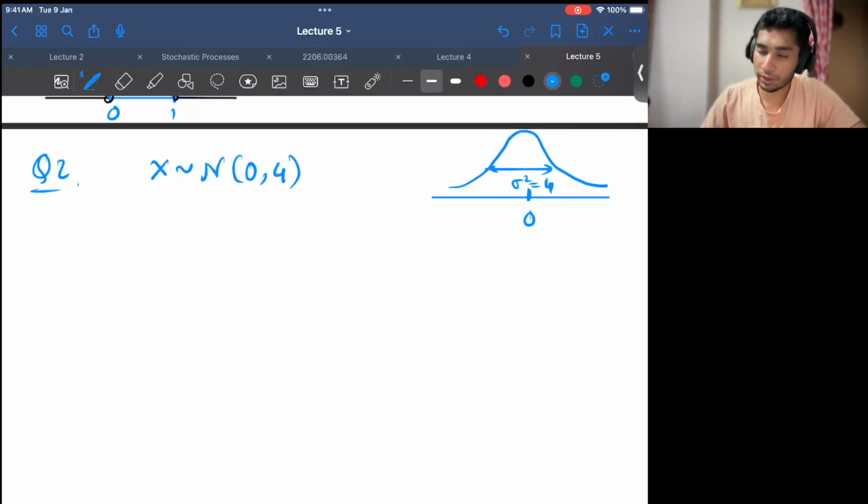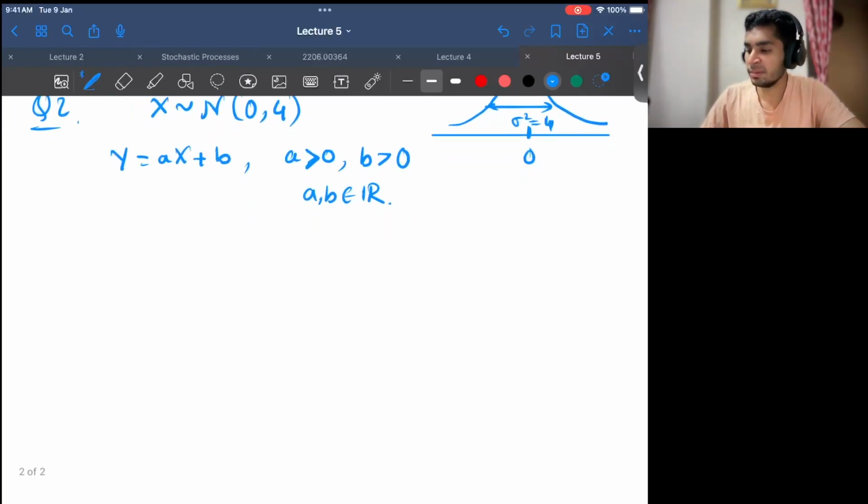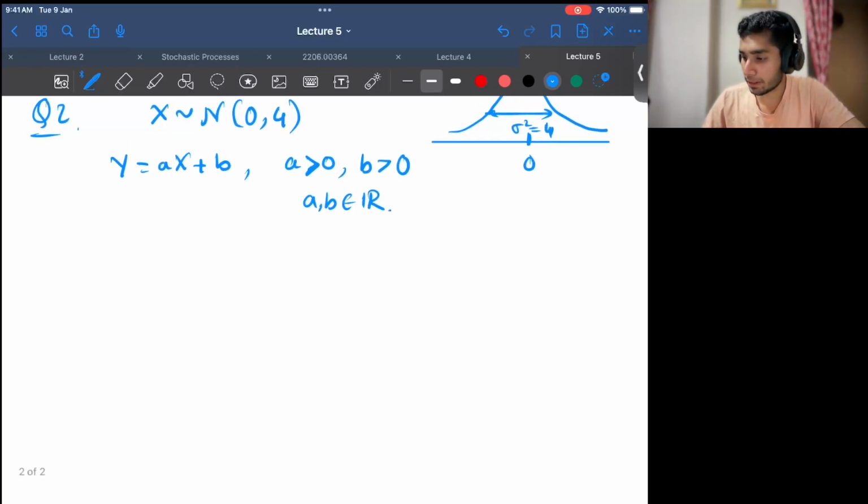The question is, you create a new random variable from it, Y equal to a times capital X plus b, where a is greater than 0, b is also greater than 0, and a and b are both real numbers. What is the distribution of Y?